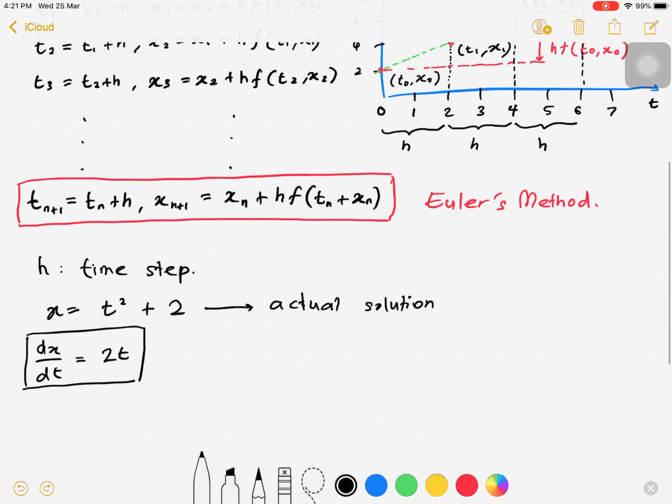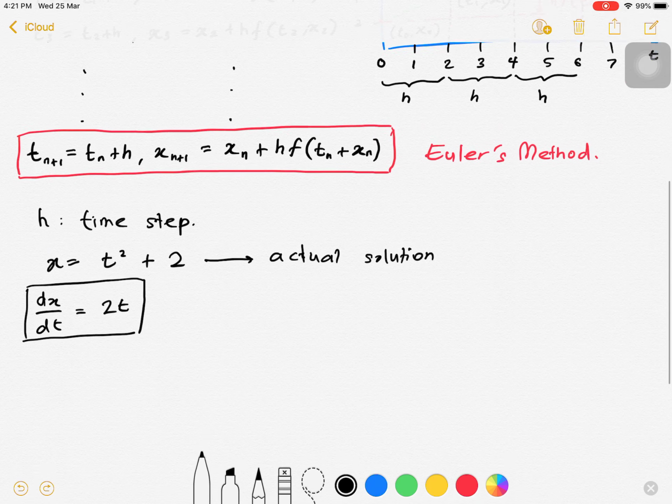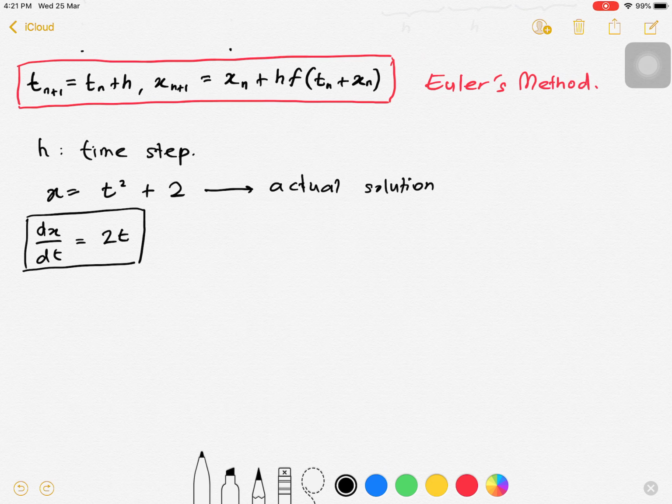Okay, so what happened when we change the time step? So let's say we reduce the value of h.